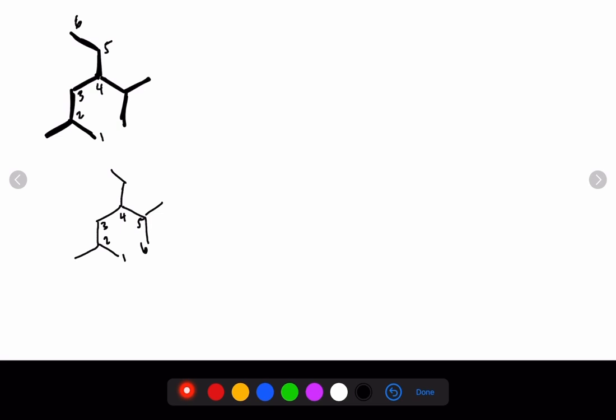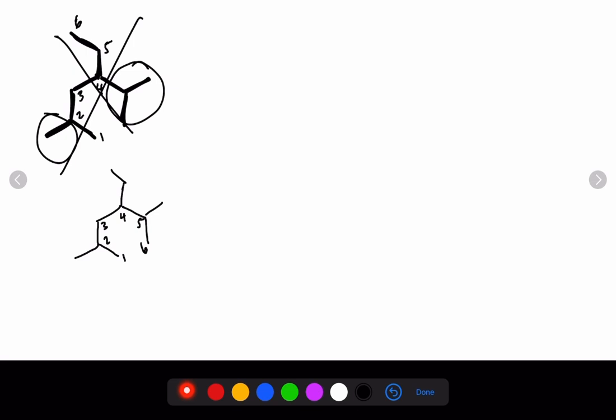The first way only has 2 branches coming off the main chain. However, the second way has 3 branches coming off the main chain. Since the second way has more branches off of the main chain, we are going to choose the second way.